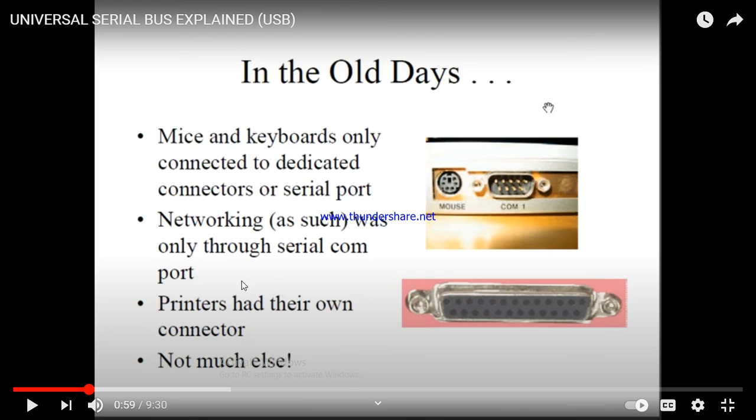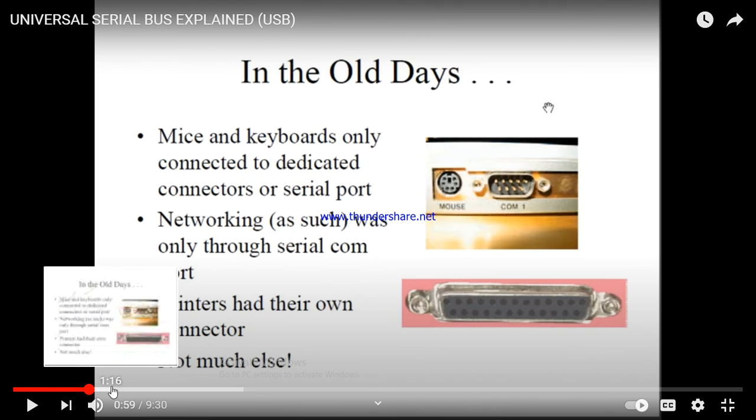Networking was only through serial COM ports. So that's why we used these COM ports for the keyboard. Printers had their own connectors. These kinds of connectors were used before 10 years ago. These kinds of parallel ports, right? I think this is sufficient to understand the things.